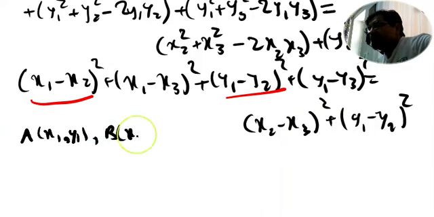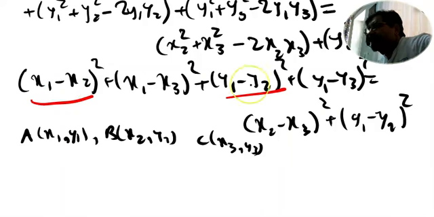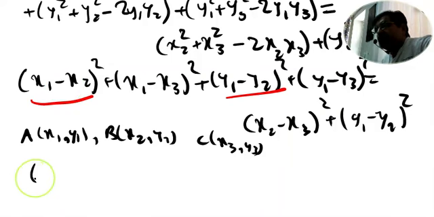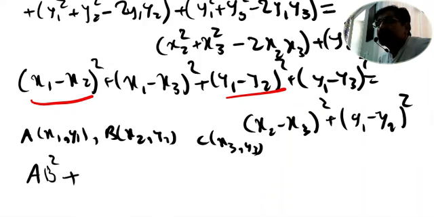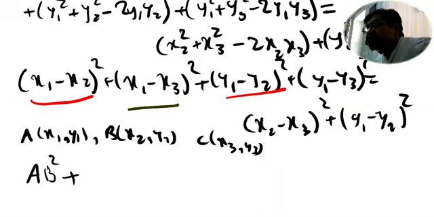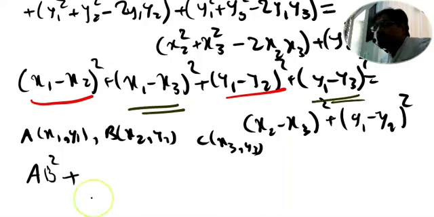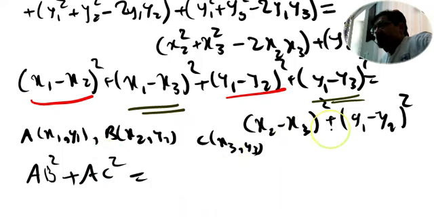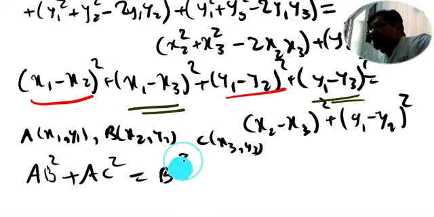So the first two terms are AB square, plus the next one AC square, and the other side is BC square.